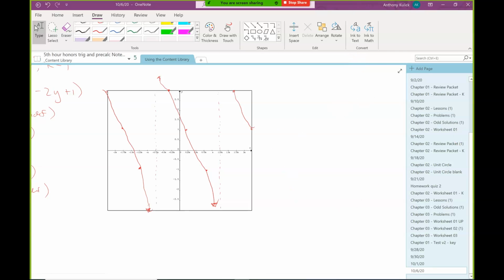The last thing I want to talk about in this section is going from a graph back to an equation. So the same kind of thing that we had done before.